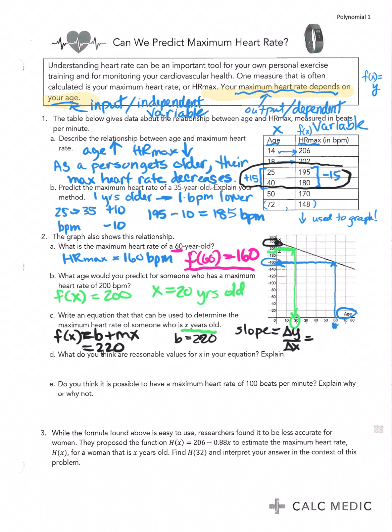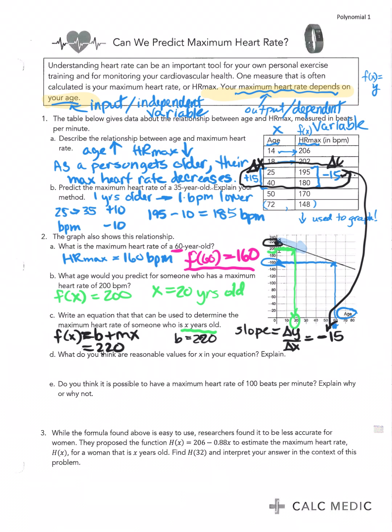The first thing you can see is that this thing is going down. So my slope is going to be negative, isn't it? Because my change in y was negative 15. We found that up there in our table. So this right here is my change in y, and this right here is change in x.